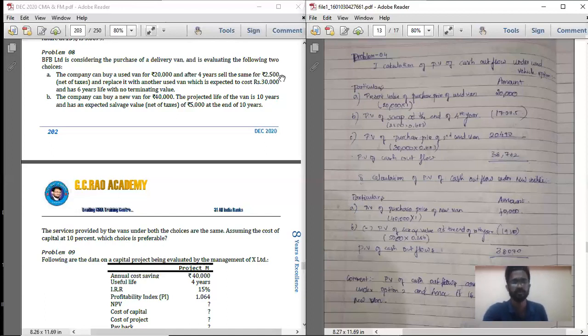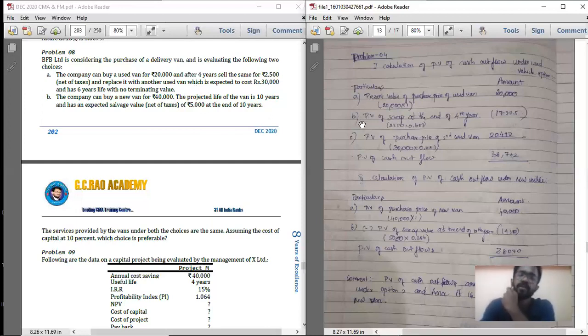Whenever there is a cash inflow, you deduct it from the cash outflow to evaluate the present value of net cash outflow.